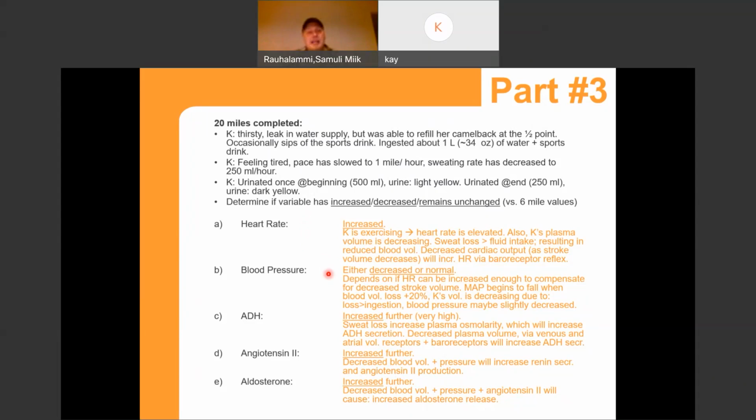What are we going to see with ADH hormone amounts? Well, the amounts of ADH in Carla's case are going to be through the roof now, because she is very dehydrated. So there's going to be a lot of antidiuretic hormone. Because she has lost so much fluid and hasn't been able to replace it, we now have very little plasma volume.